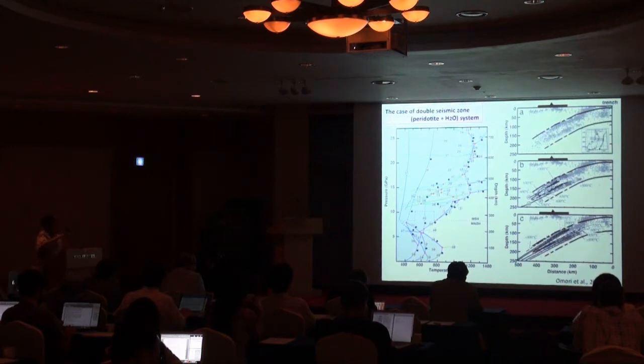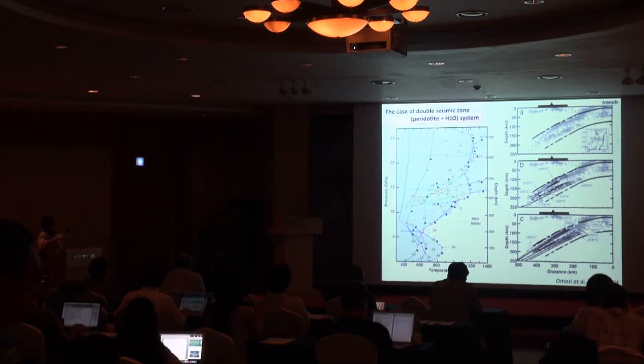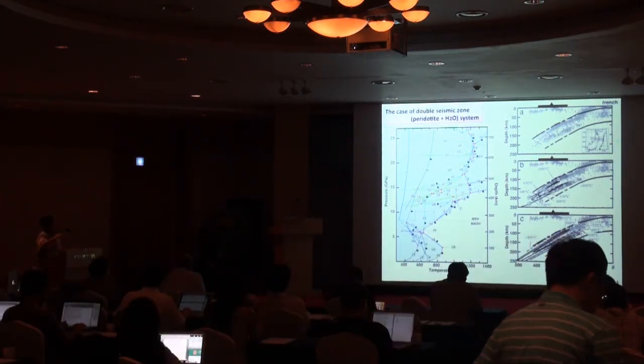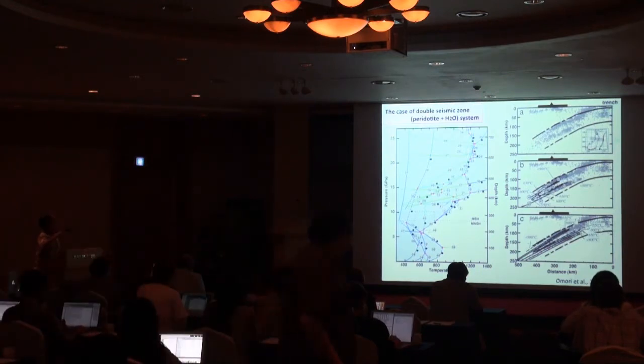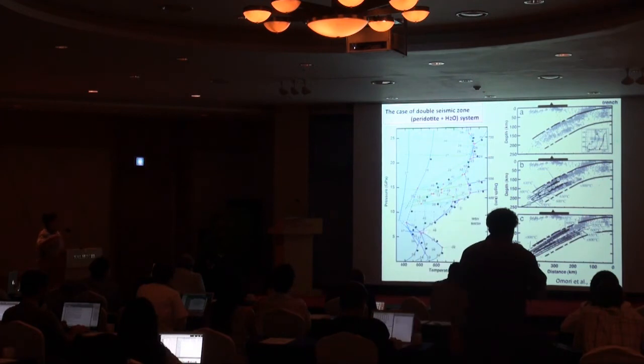So we can apply these reactions to the hypocenter distribution, and therefore the temperature for the reaction is constrained by this diagram. At depth, the temperature is constrained, so we can estimate the temperature in the subducted slab using the combination of the hypocenter distribution and the phase diagram.